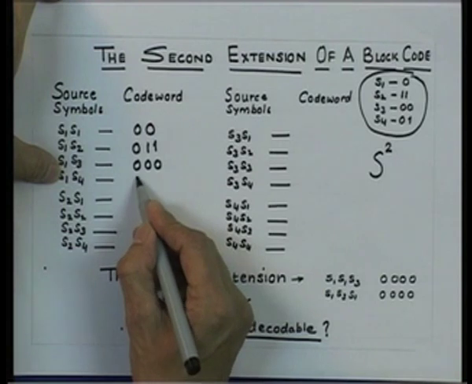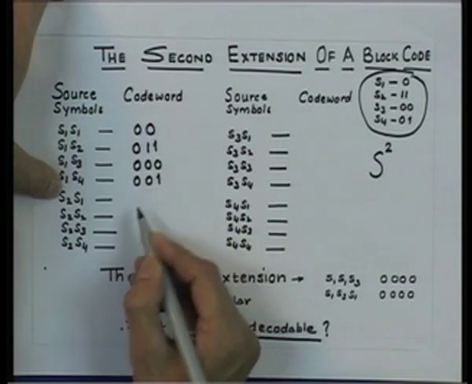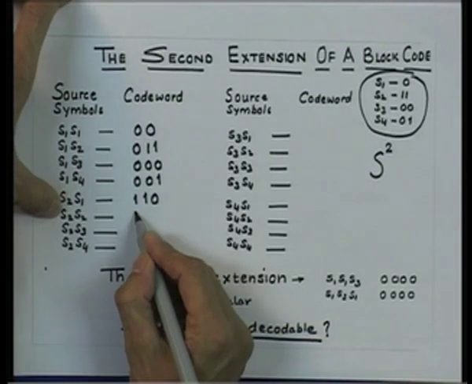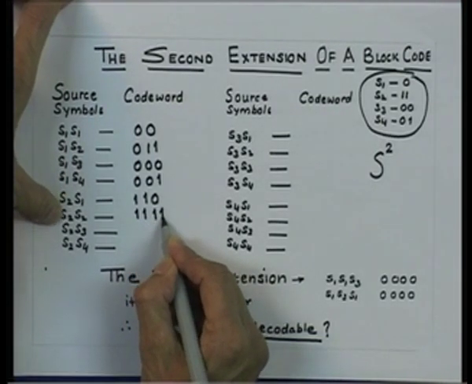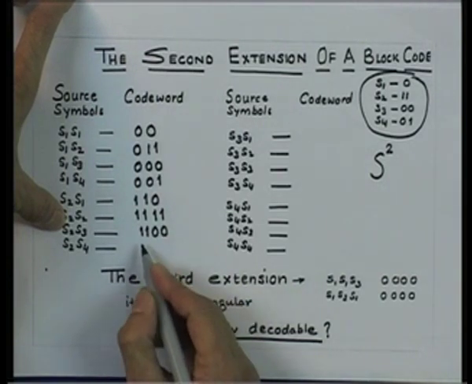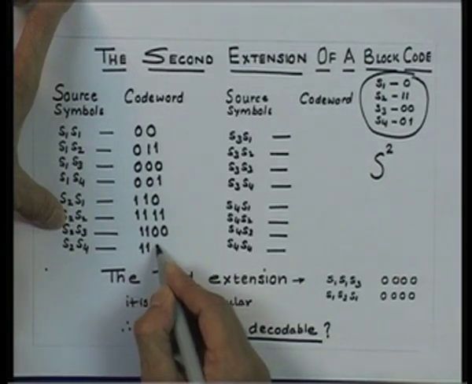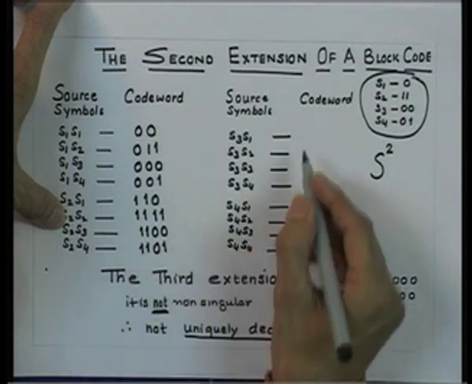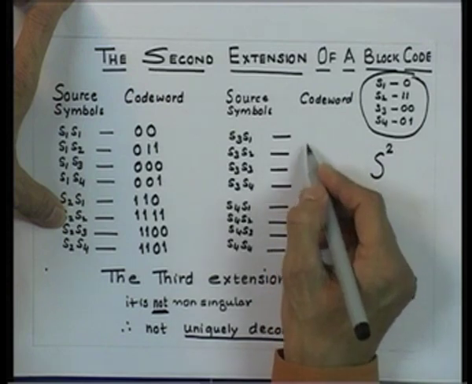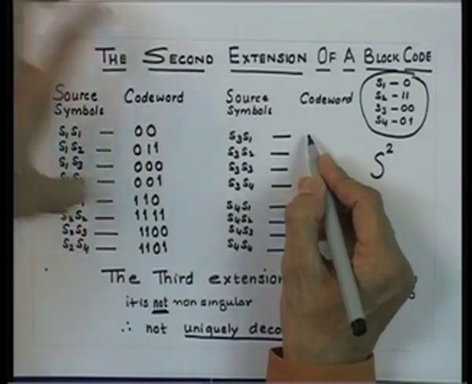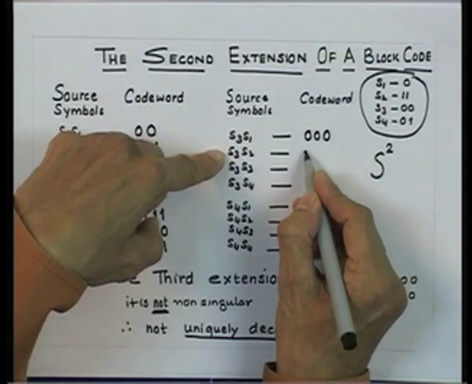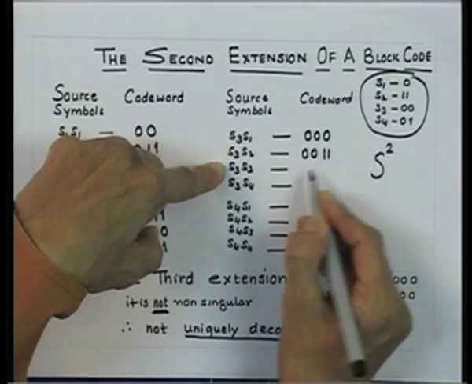Concatenations of the respective code words give us the code word for the extension. So, S3 is 0, 0, S1 is 1, so S3, S1 is 0, 0, 1.